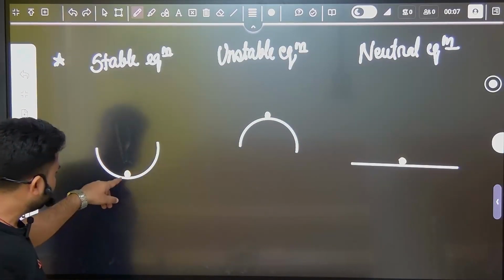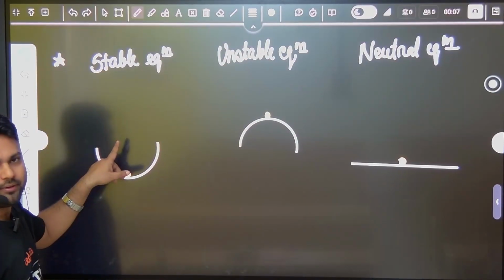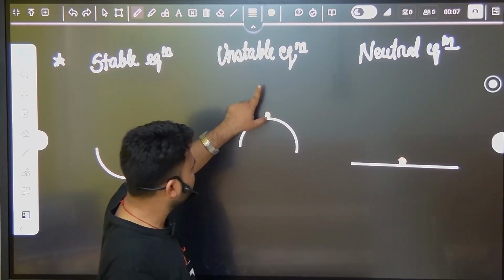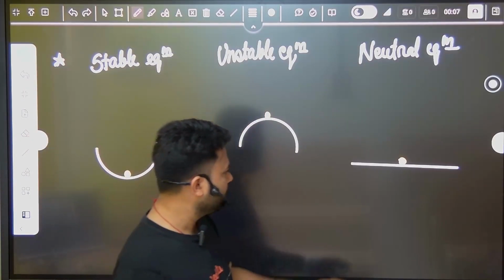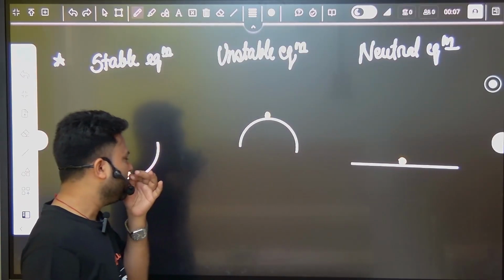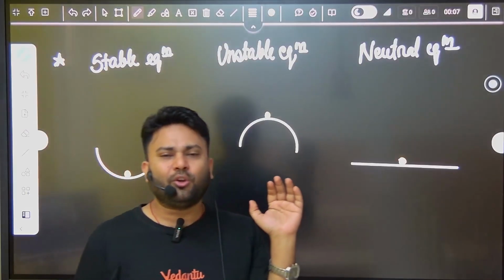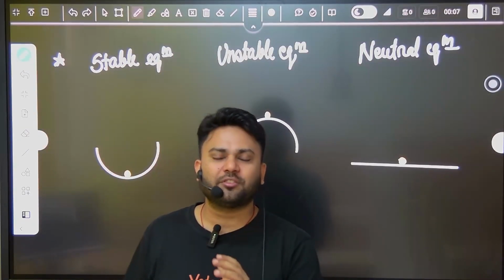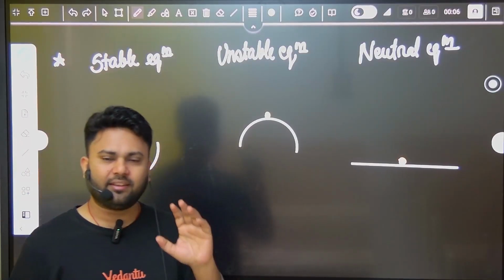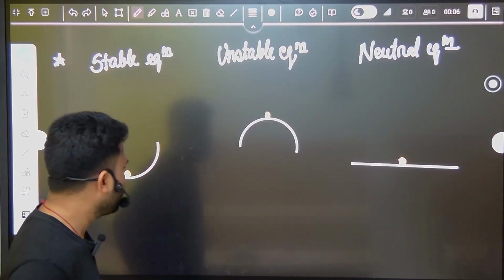Now we can see that mg is downward, normal is up, this ball is at rest. Similarly, mg down, normal up, this ball is also at rest. Mg down, normal up, this ball is at rest. Means in all these cases, net force is what? Zero.